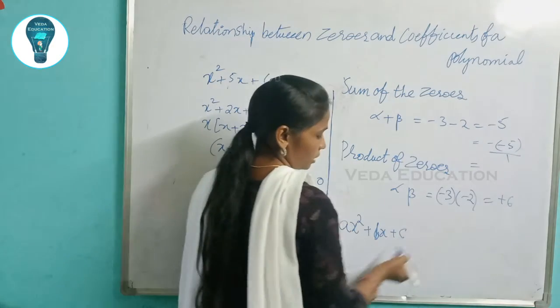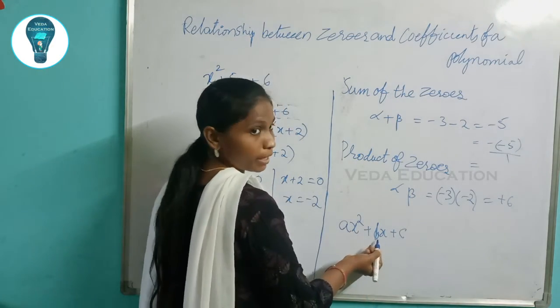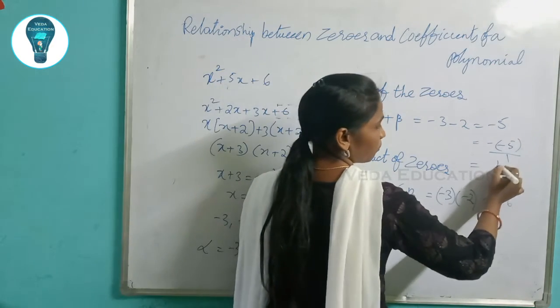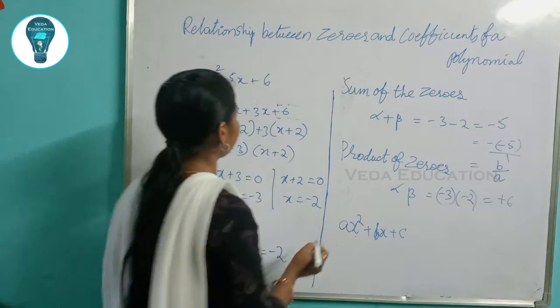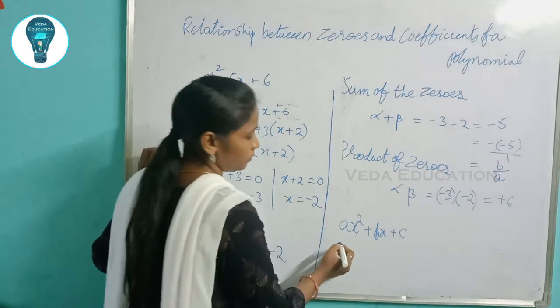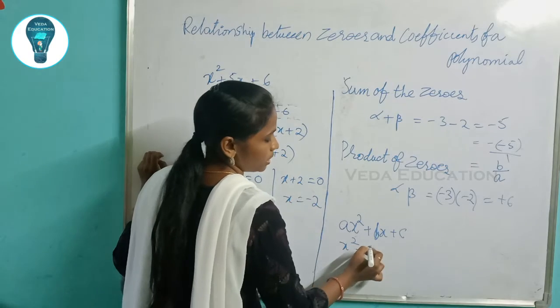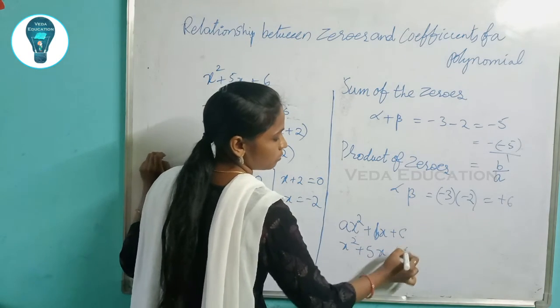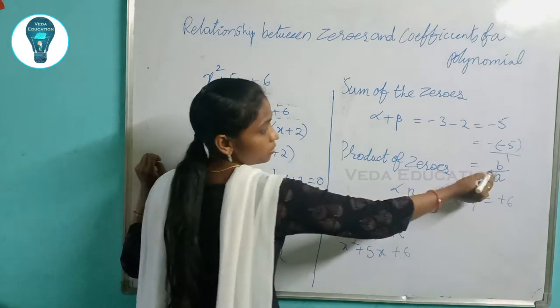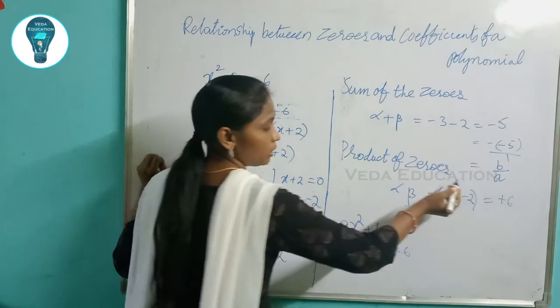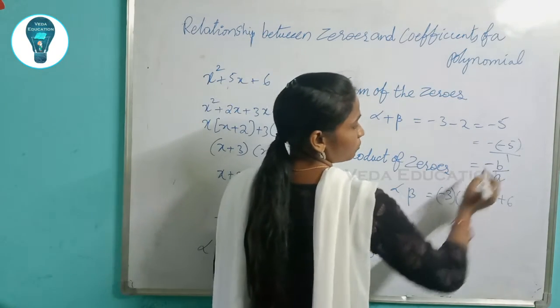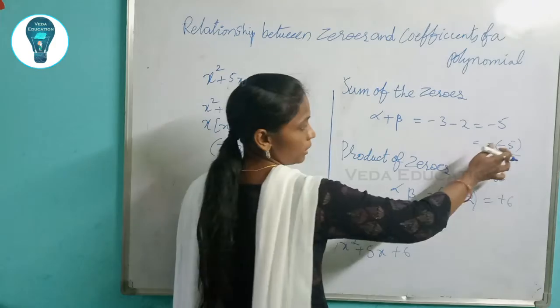In x square plus 5x plus 6, what is b here? Plus 5. And what is a? 1. Minus of minus you will get plus 5.